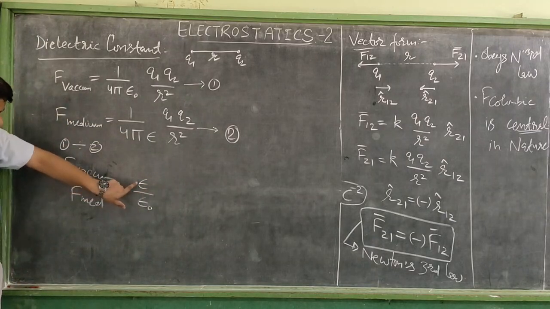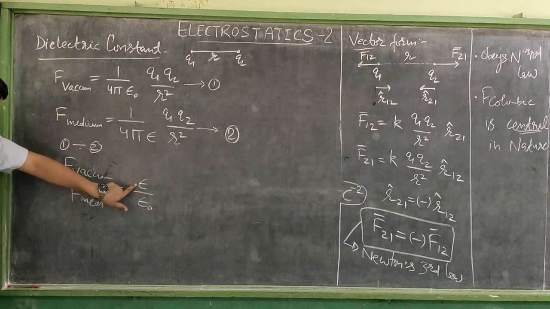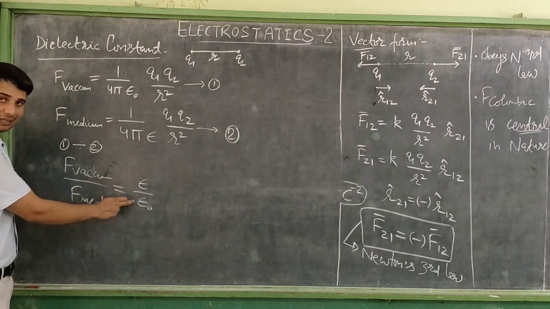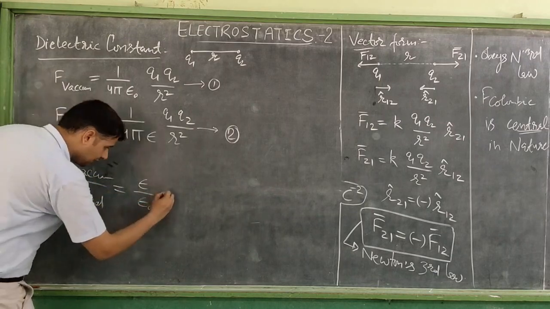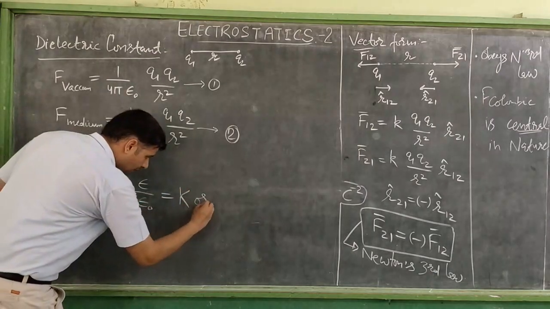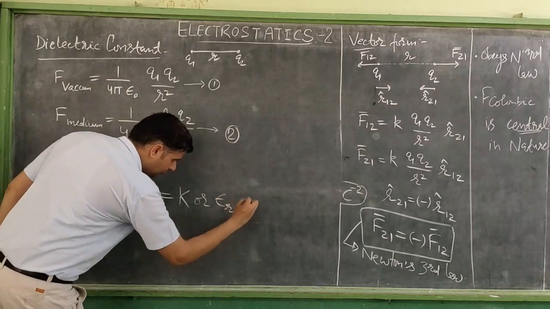Now student, this ratio of electrical permittivity of any medium with respect to that of free space is given the name dielectric constant or relative permittivity.